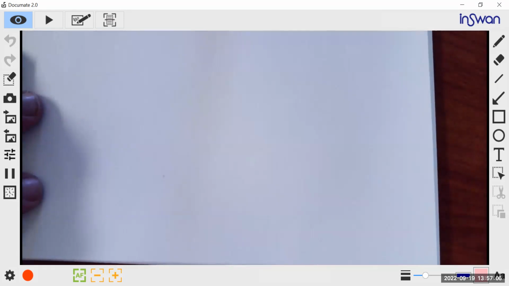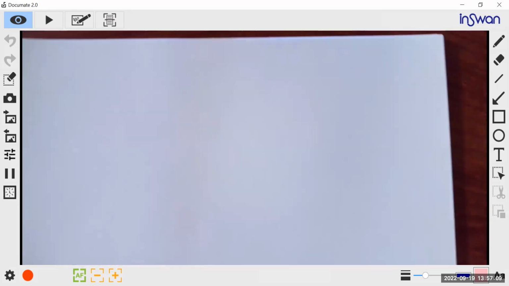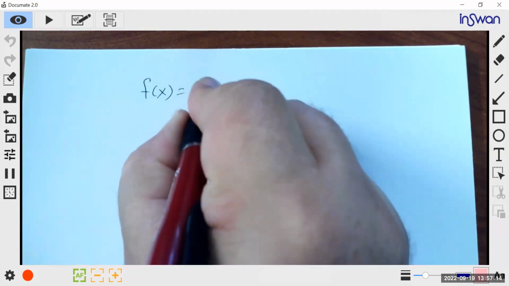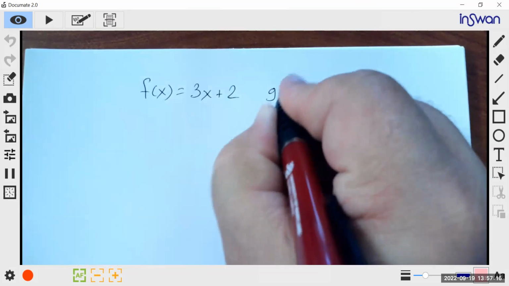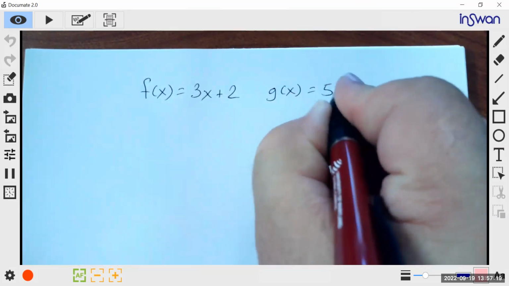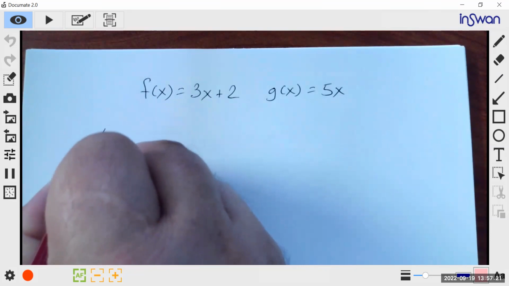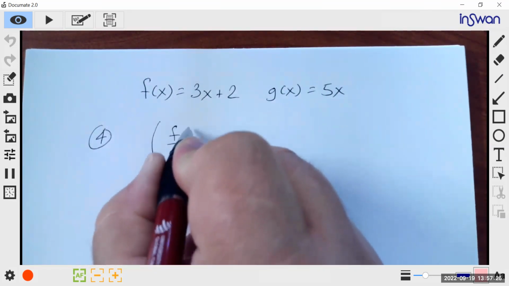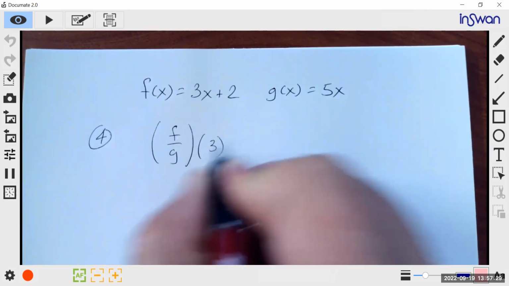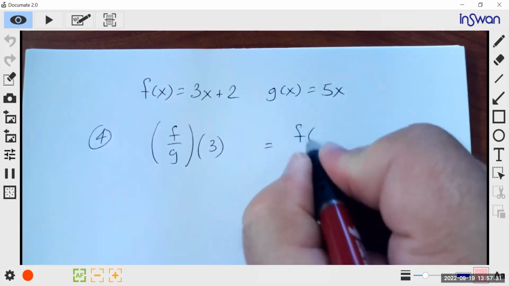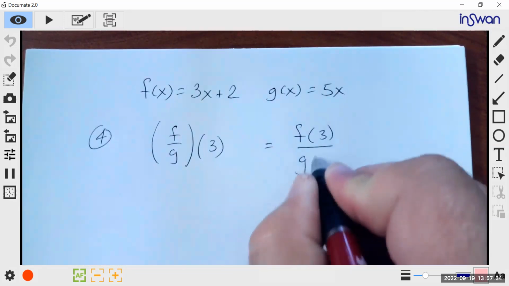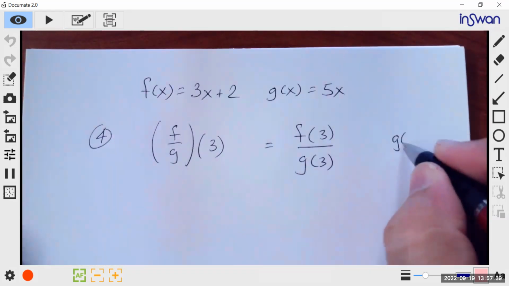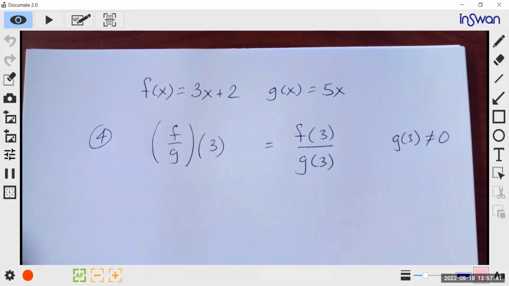Okay, let's look at division. The functions by name. We're going to try to prove that this is true, as long as g of 3 does not equal 0.